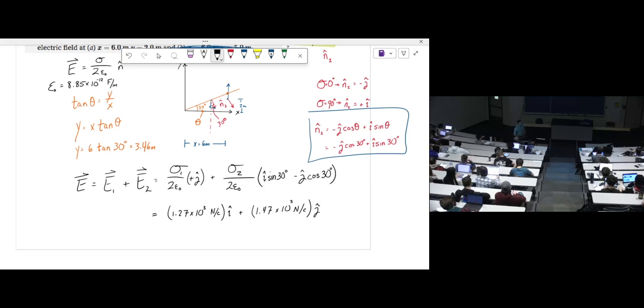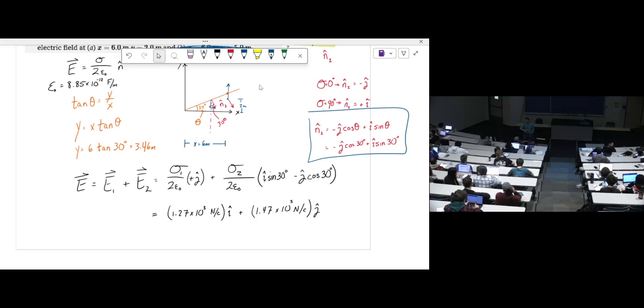Because the surface charge density on the bottom plate, not the angled plate, is greater than the surface charge density on the top plate, it dominates here, and it's going to cancel out the downward effect of the electric field from this angled plate right here. Remember, as you move away from point charges, the electric field strength drops off as 1 over r squared.